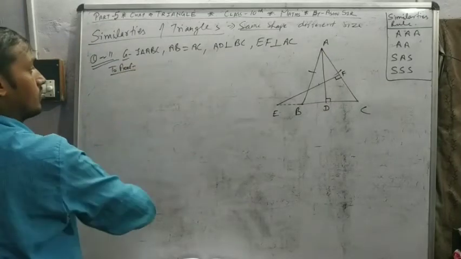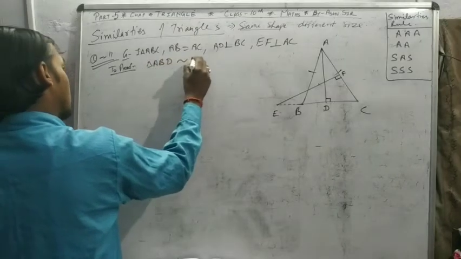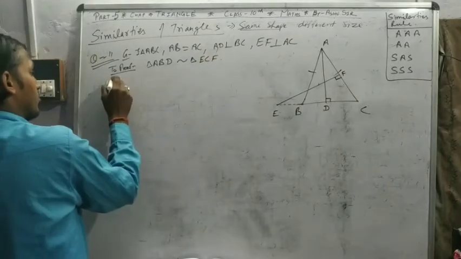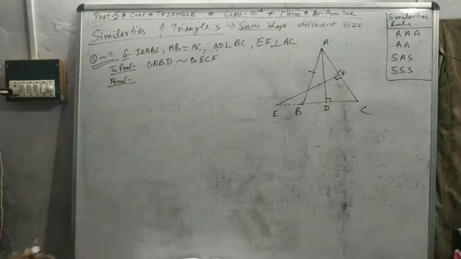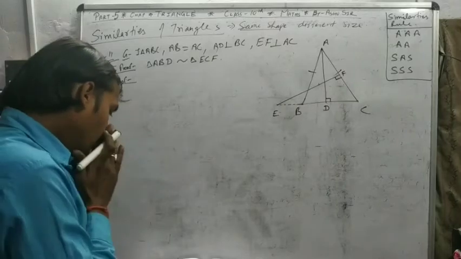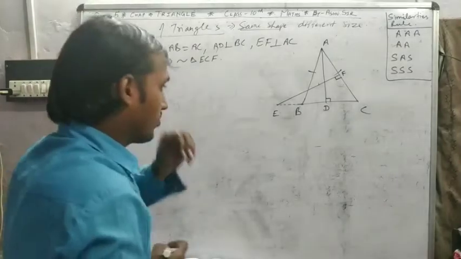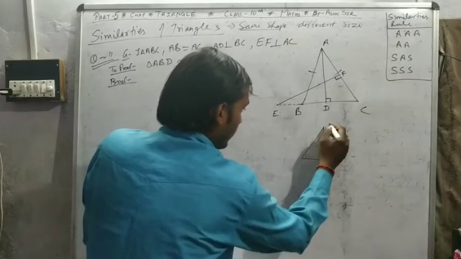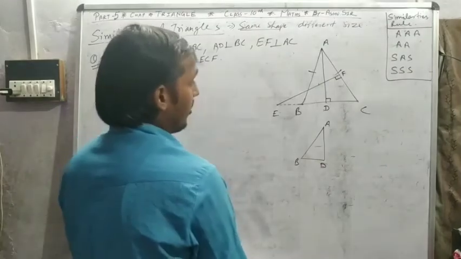To prove: triangle ABD similar to triangle ECF.